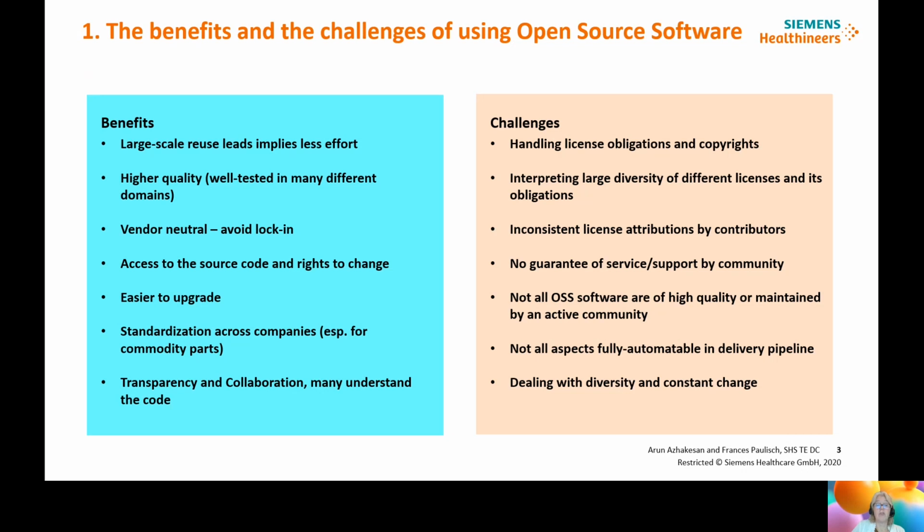Another advantage is that you avoid the vendor lock-in. It's then sometimes easier to upgrade to newer versions of the software, and you can focus the software development capacity that you have on your area of expertise if you can do a lot more of the standard or commodity parts of your product using open source.